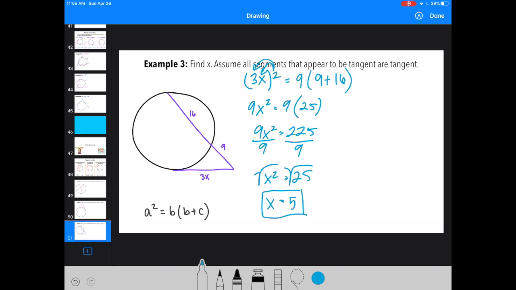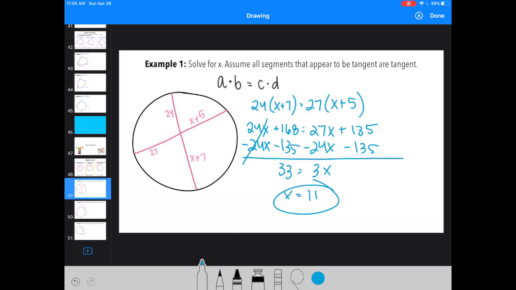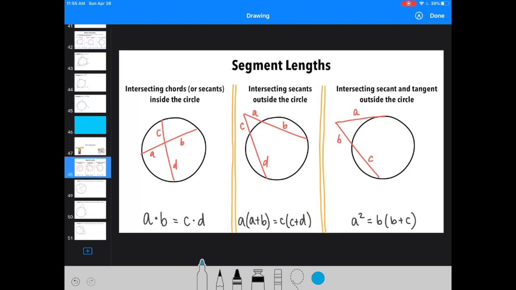All right, so the major takeaway from this section is to be able to identify what type of equation to use, and refer back to this slide. If the intersecting chords are inside the circle, I'm just going to multiply the components of those chords or secants.